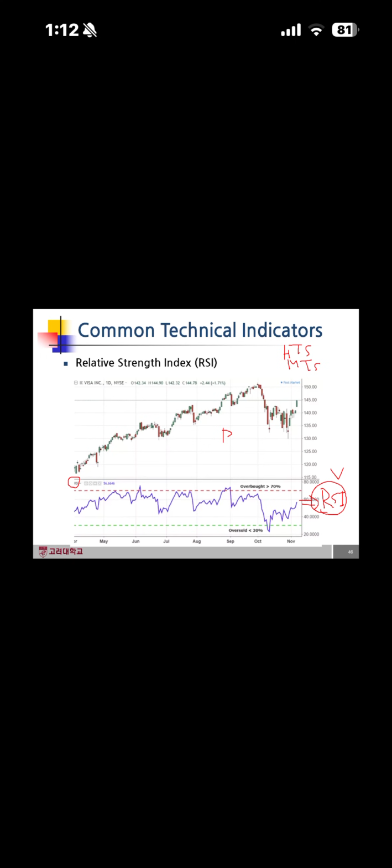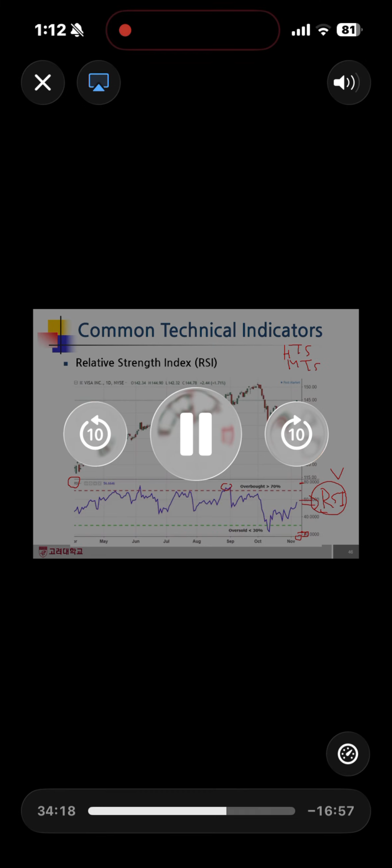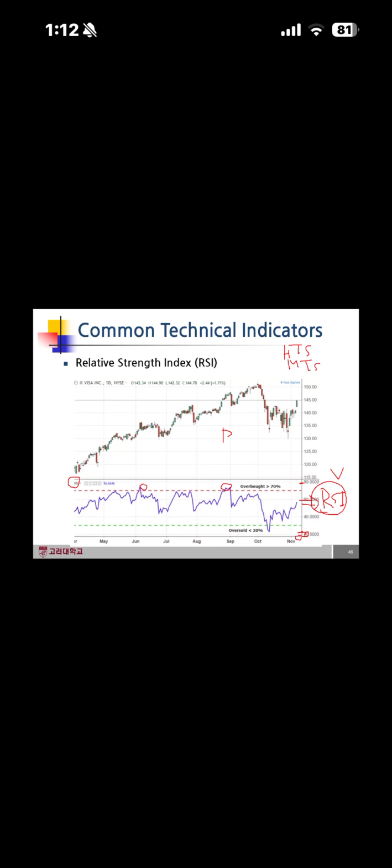So it moves between 0 and 100. So this is 20, here 20, 80. And when RSI is above 70 here, the market may be considered overbought, so it suggests you sell the stock.